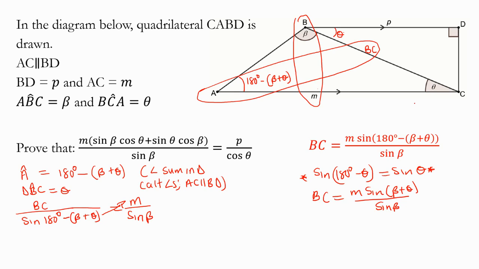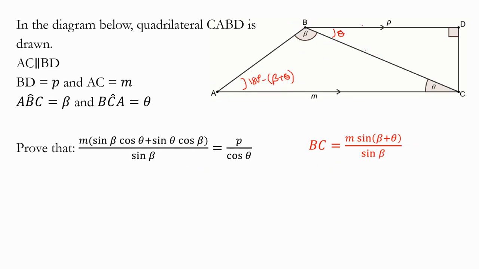Triangle BDC is a right angle triangle, so we can use simple trigonometric ratios. BC is the side opposite the right angle, so it is the hypotenuse, and P is adjacent to the angle theta.